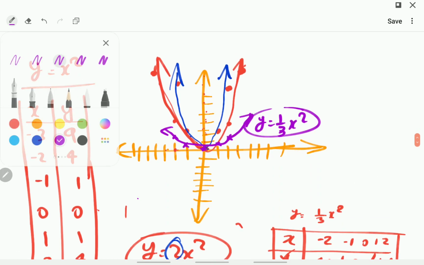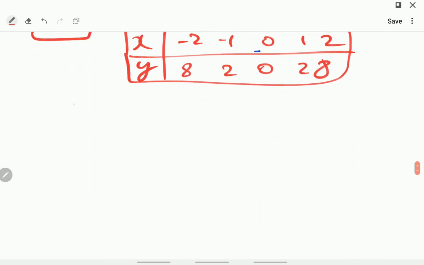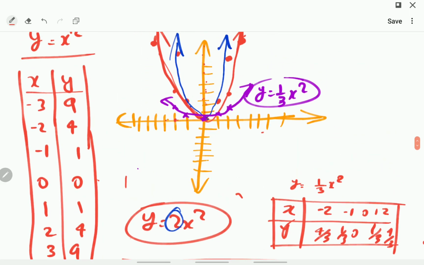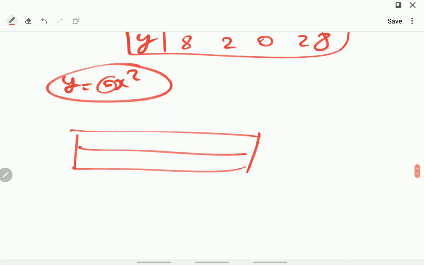Now let's take a look at one last example around this problem. How about when y is equal to -x squared? It's the same problem but with just a minus. So what will it look like? When you do the table of values, this is a very fun method because you get all the points and you're just plotting them.